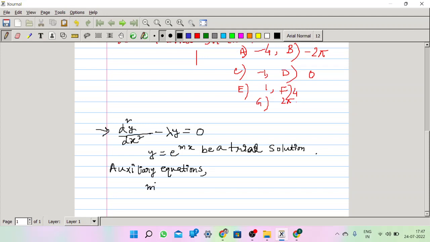So it is m square minus lambda into e power mx equal to 0, but e power mx is non-zero because e power something is non-zero. So my auxiliary equation becomes m square minus lambda equal to 0. Now for different values of lambda we get different conditions: lambda may be positive, lambda may be negative, lambda may be 0. The three cases will arise.